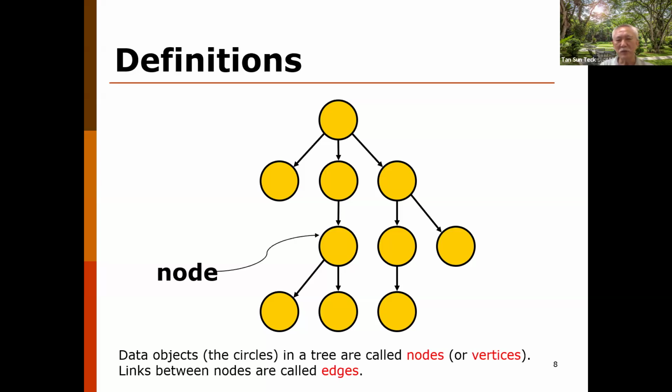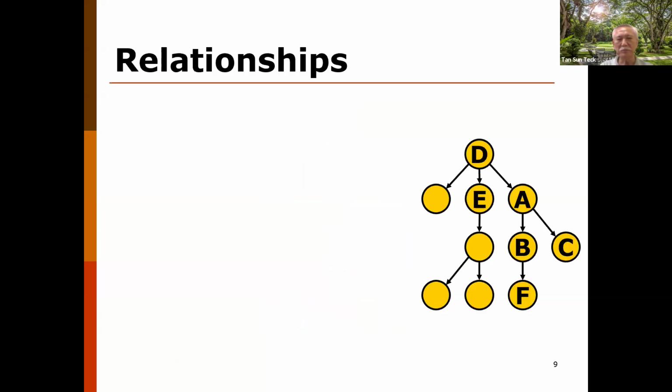Okay, so we have nodes or sometimes vertices, and then we have the edges connecting the vertices. Yeah, so again, this is non-linear because one node or one vertex can connect to multiple vertices, not just one.